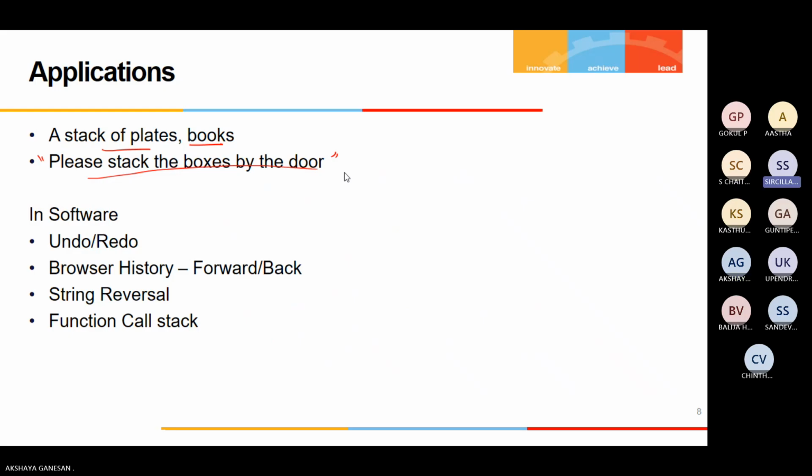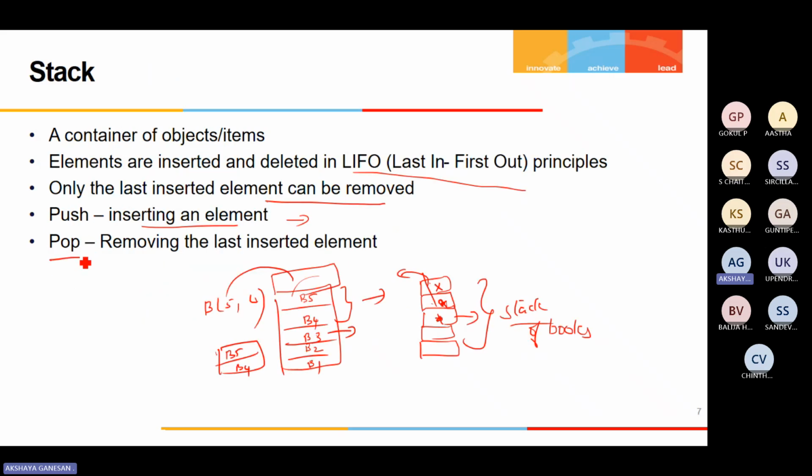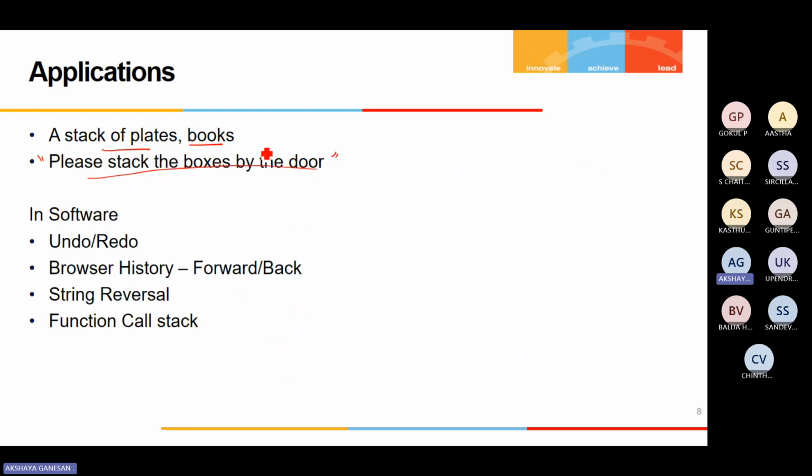Arrange the boxes near the door on top of each other, right? So when I say stack, you have to place them on top of each other, right? So that's exactly similar. So you want to remove, you have to remove the first box only. So the removing is called as pop, inserting is called as push. Now, so this is real life use.